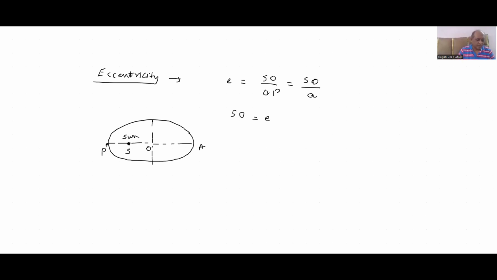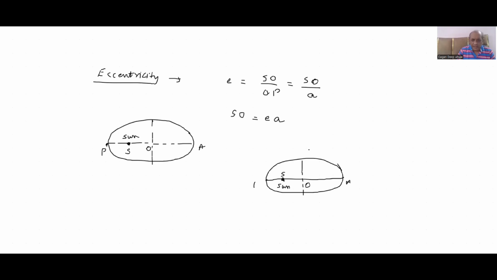Okay. Now let me draw another diagram. So again, this is the ellipse. This is the major axis. This is the minor axis. O is the center. This is the sun located at point S. Aphelion position, perihelion position.